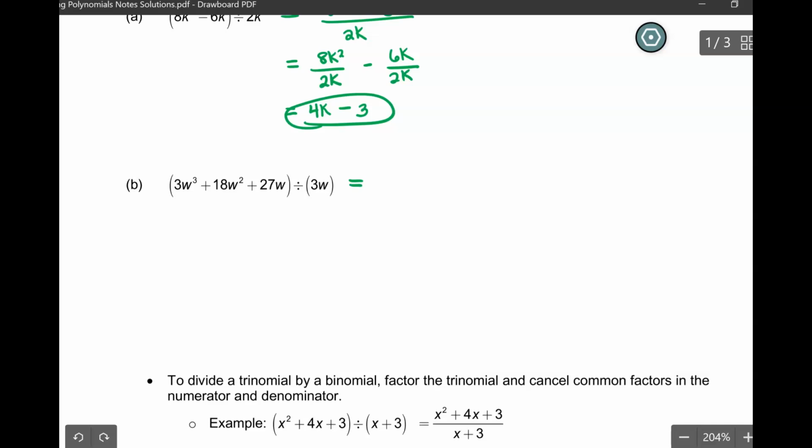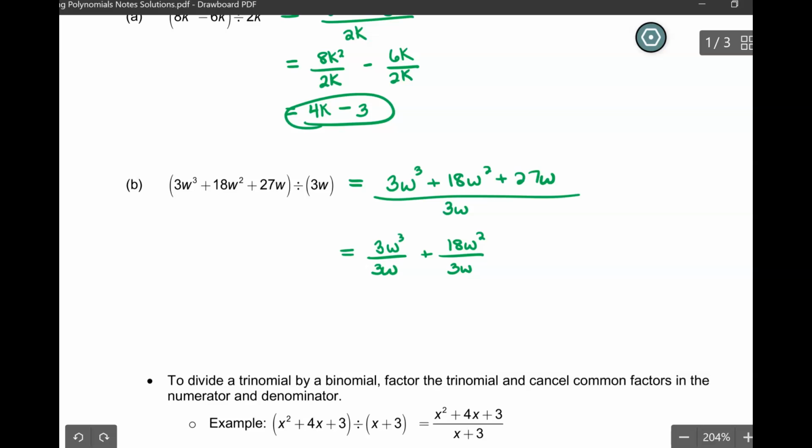Next one. Okay, so we have 3w to the third plus 18w squared plus 27w, all divided by 3w. So I'm going to rewrite this. 3w to the third over 3w plus 18w squared over 3w plus 27w over 3w.